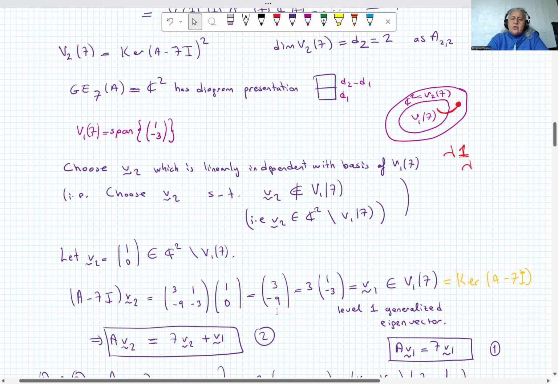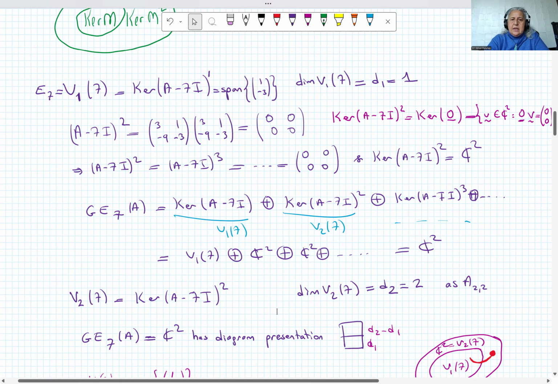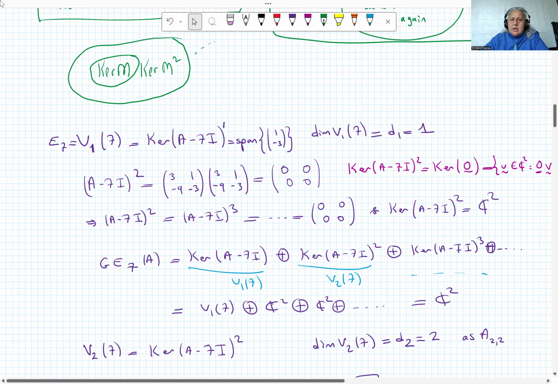One natural choice, because the basis is 1, minus 3: any vector which is not a multiple of (1, minus 3) will be linearly independent. If I choose (1, 0), it is linearly independent of (1, minus 3).